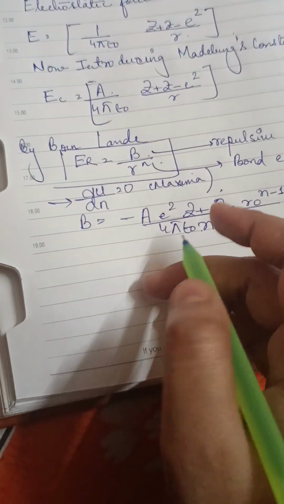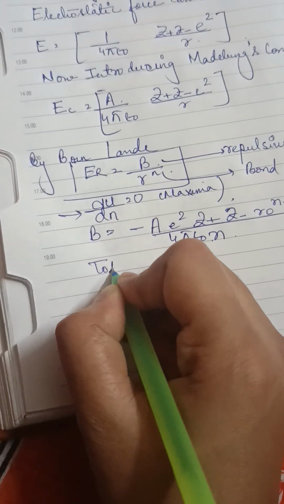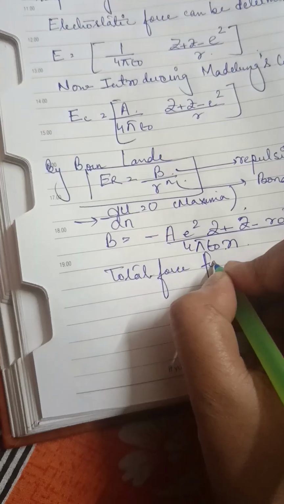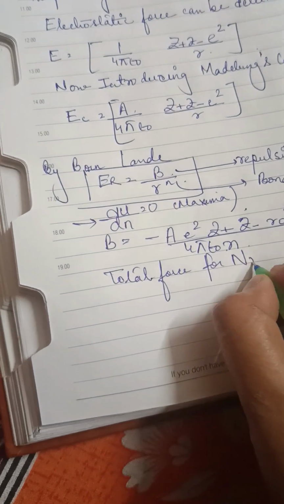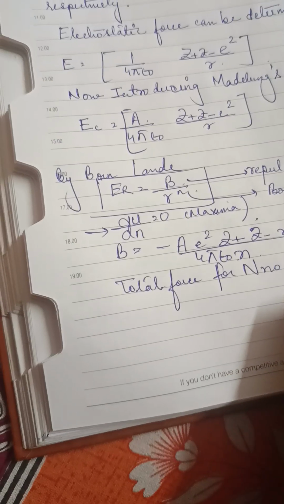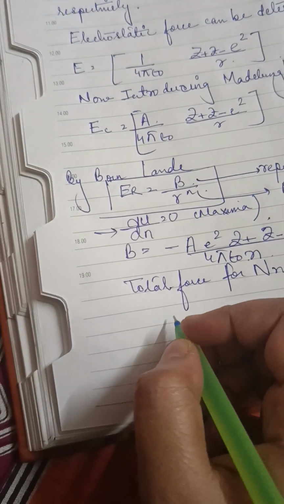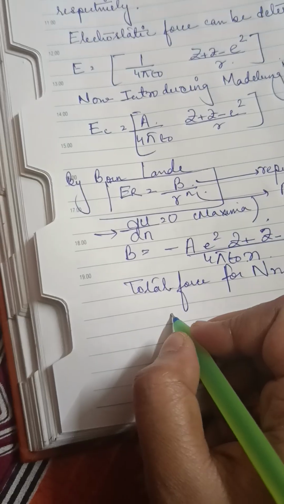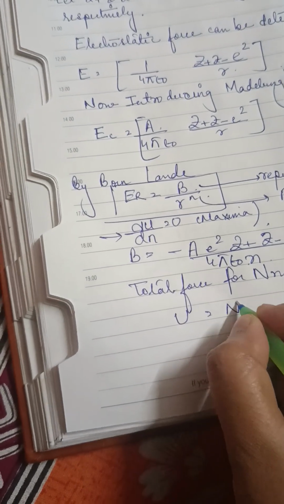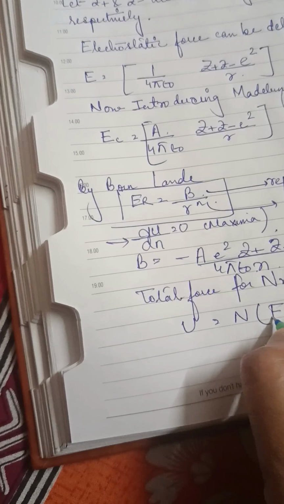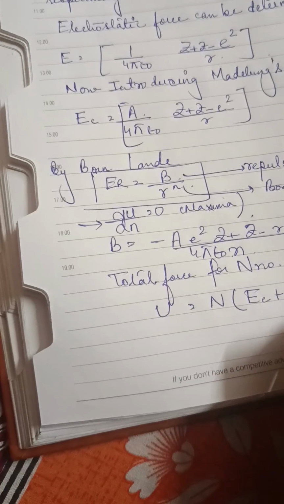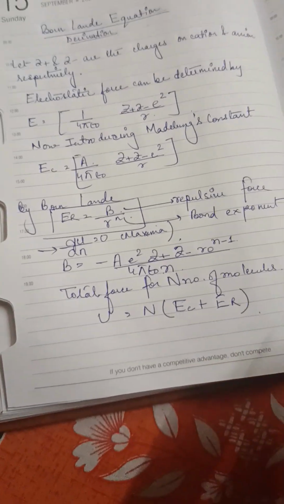Now the total force for N number of molecules can be written as U, Avogadro's number times E C plus E repulsive. So we got this.